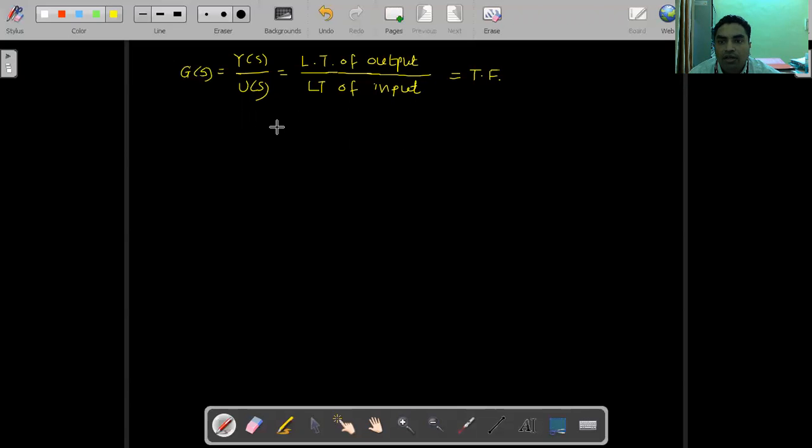Now, once we have developed a transfer function, let us analyze our system. Let us analyze this system for the step response.